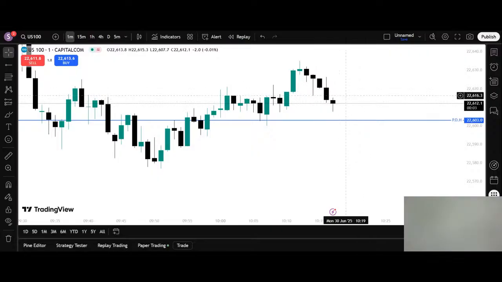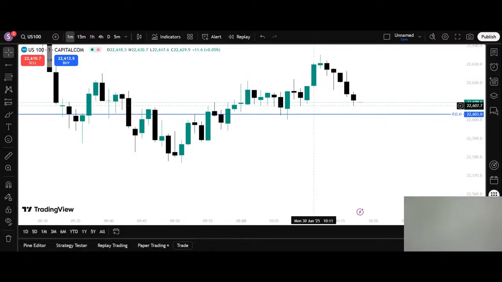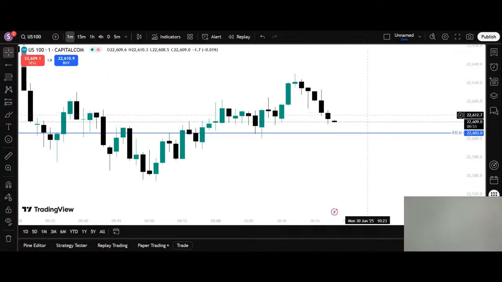As you can see, it seems to be retracing back a little. I don't really trust this. I want to see at least this high broken before I take a sell. I might miss the trade, but that's okay. Better be safe than sorry.